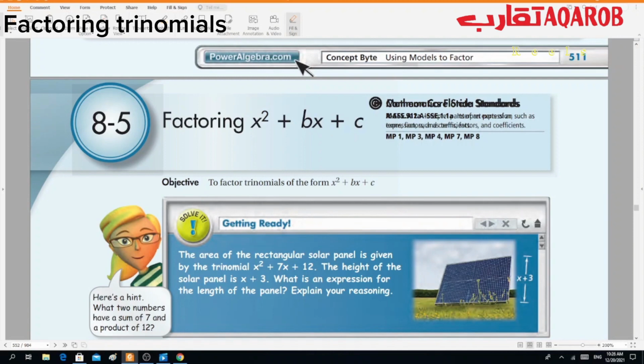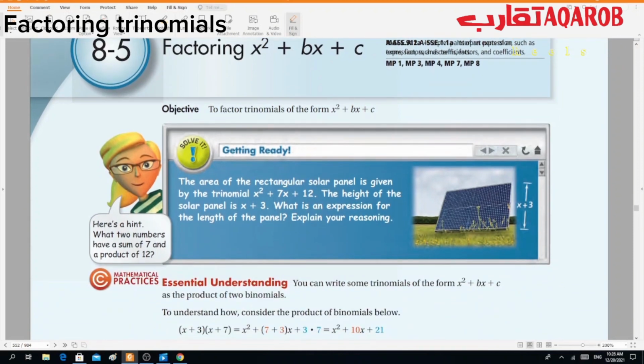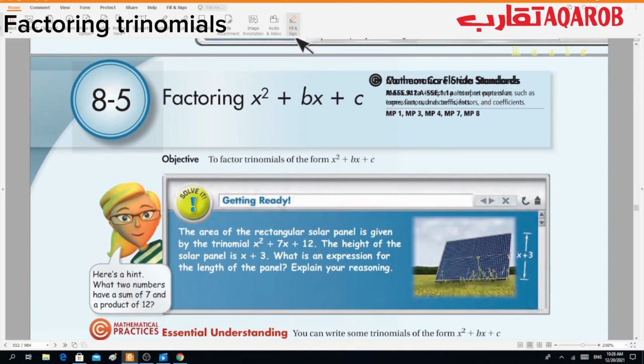Now here in this lesson and lesson 6, we will speak about almost the same cases for factoring. The only difference is the coefficient of x squared. Let's first look at the trinomial itself.